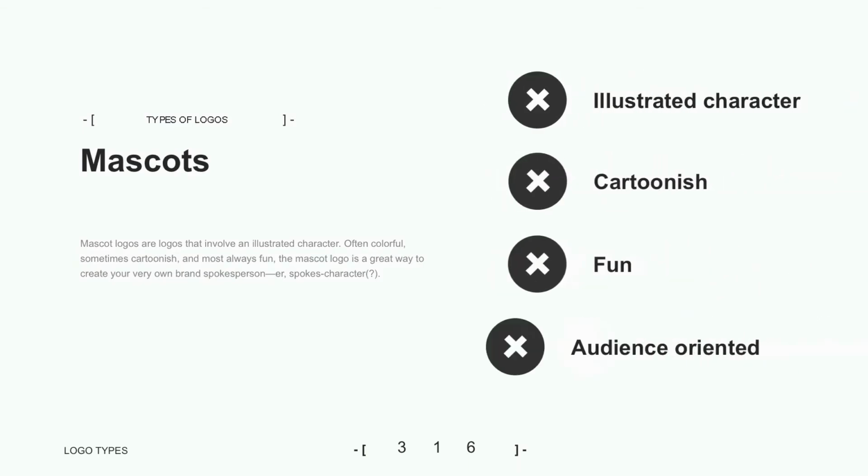Now, mascot logos are logos that involve an illustrated character. Often colorful, sometimes cartoonish, and almost always fun. The mascot logo is a great way to create your very own brand spokesperson or spokes-character, for example. Some key features are that it's an illustrated character, it's cartoonish, it's fun, and it's basically audience oriented.